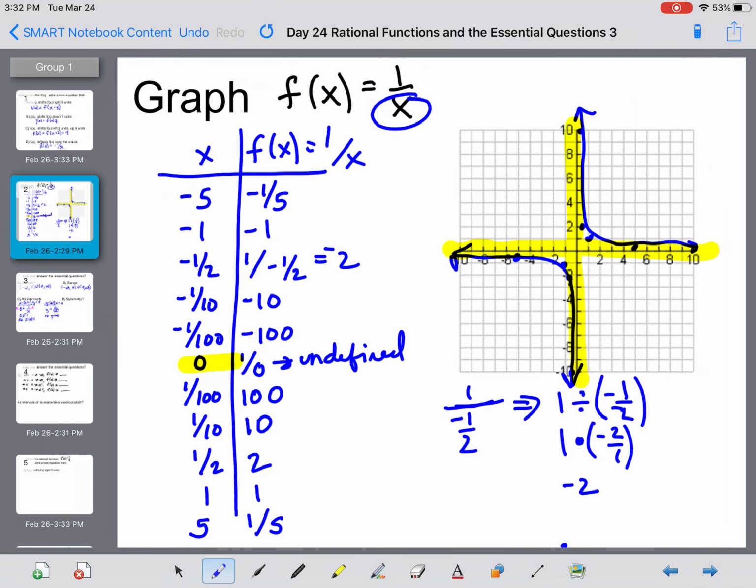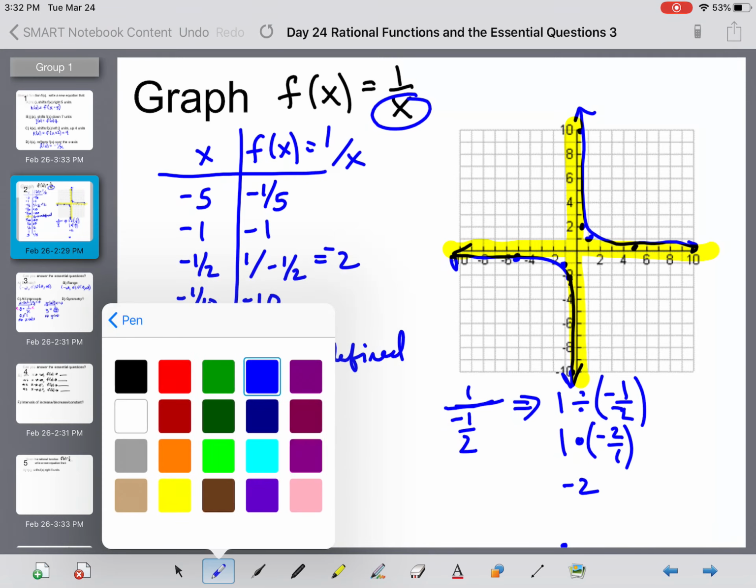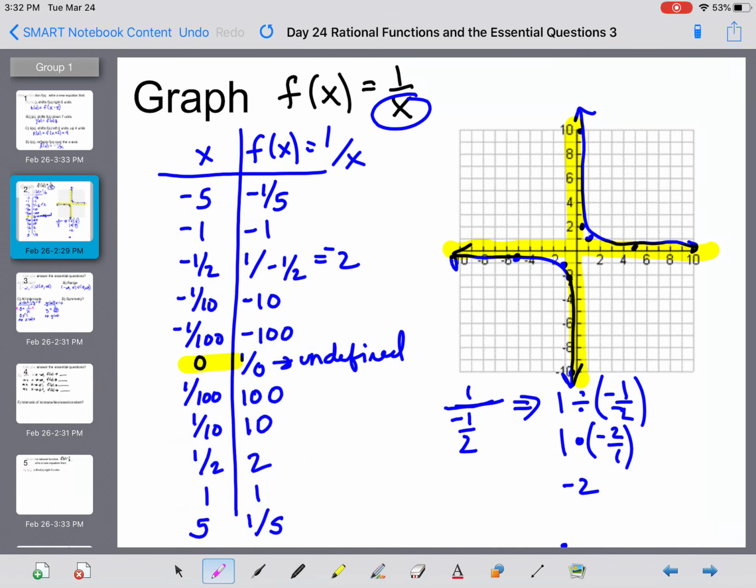Symmetry, we do have symmetry with this graph. So this graph is symmetric about the origin. If you look here, if I pick a point over in this quadrant, I can map that through the origin, and notice I have a point on the other side of the origin that it maps to. So when I plug in the point (1, 1), I get the point (-1, -1) out. When I plug in the point (1/2, 2), I get out through the origin here. Notice my mapping.